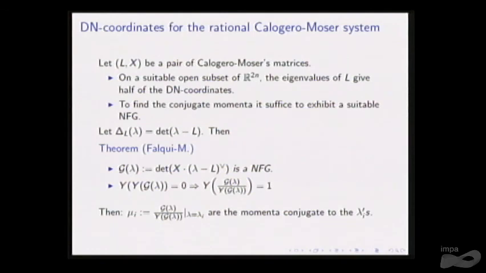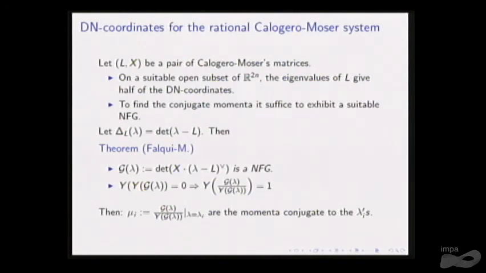After proving that g(λ) is a Nijenhuis function generator, if you remember, the space of Nijenhuis function generators is an algebra which is invariant with respect to Y. So here we have g(λ), which is a Nijenhuis function generator, Y of g(λ), which is again a Nijenhuis function generator, and if you take a quotient, it will still be a Nijenhuis function generator. And if you believe that this first property is true, the second property follows.